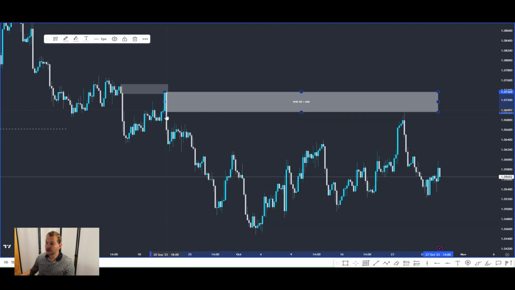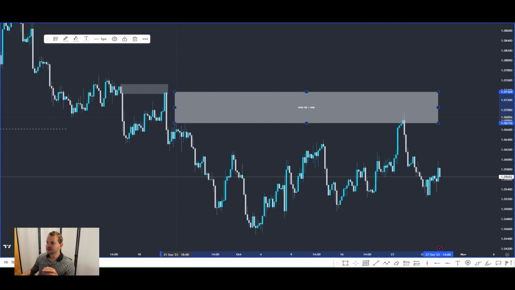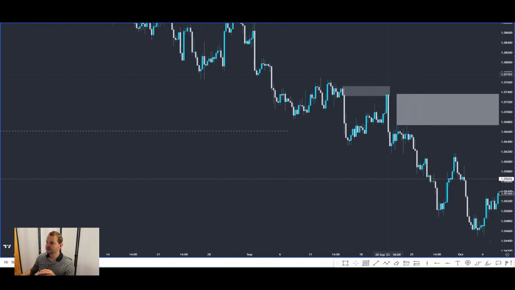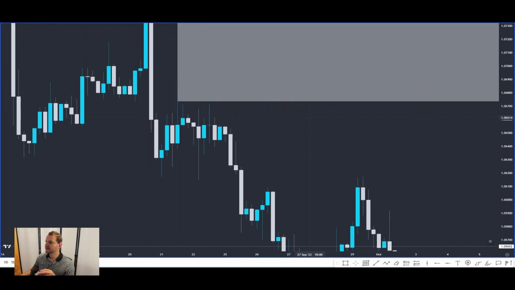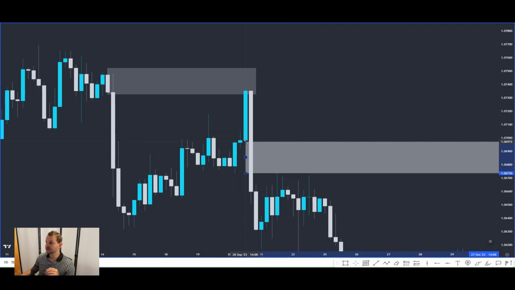So that being said, that is a nice 4 hour order block. And what I like to do now is I like to add the imbalance. So the imbalance is basically, you look closer here, the gap from this candle to where it's been actually wicked in the past, that is imbalance. So this grey area now, that is all imbalance.